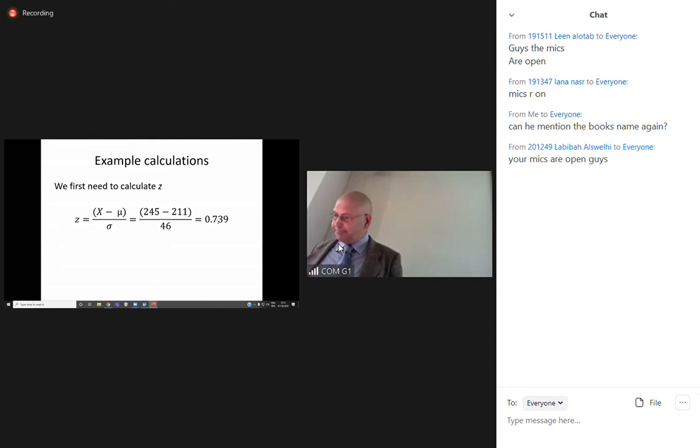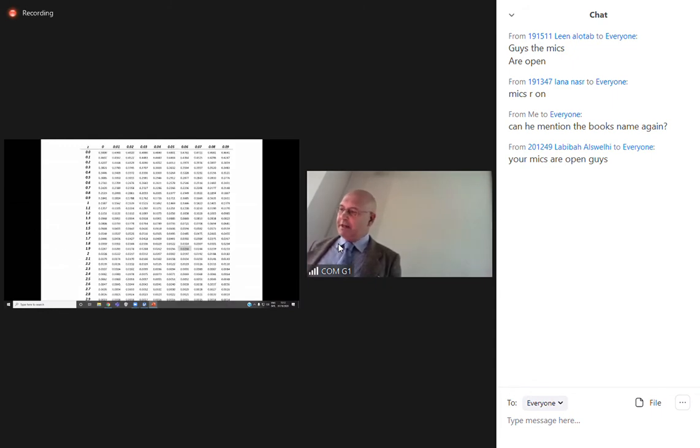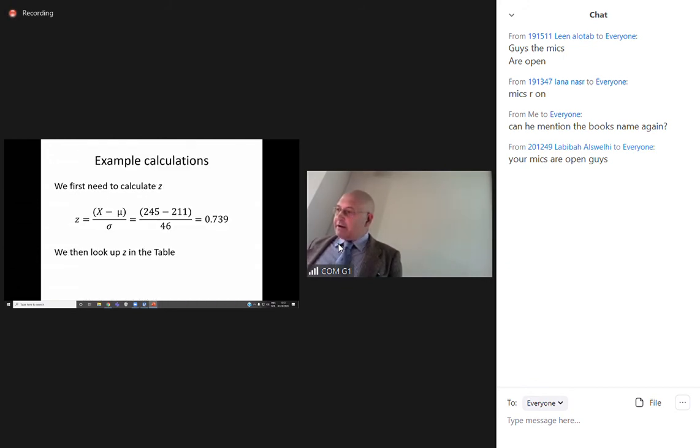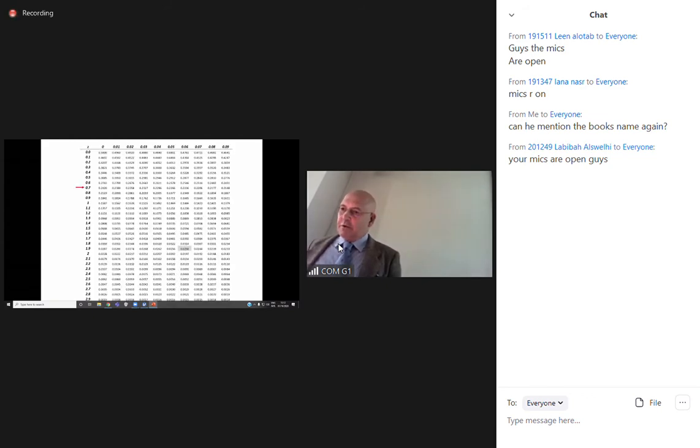Okay. So we then use this number to look up in the table, and it goes 0.739. Okay, we can only go to 2 decimal places, so it's 0.74, all right? So 0.7 here, see this arrow, and 0.74 at the top. That gives us this value here in the table.